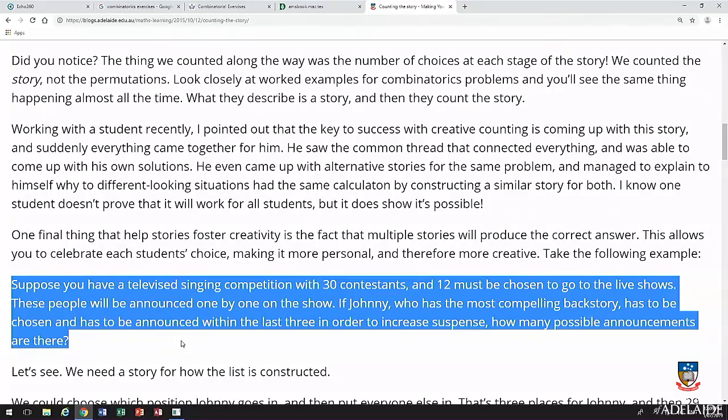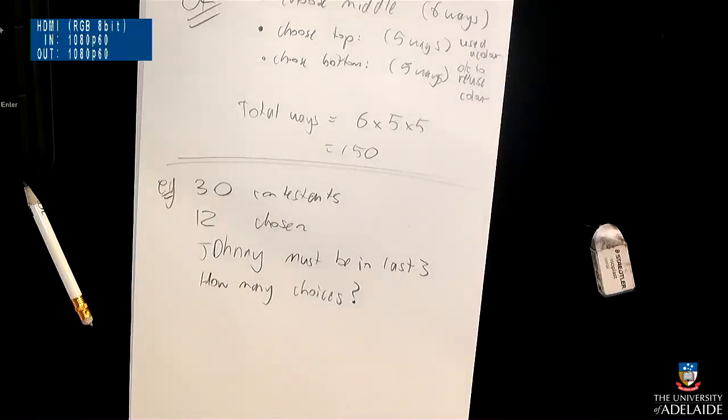And how many choices? All right, that's the essential information. 30 contestants, 12 are chosen. Johnny must be in the last 3. How many choices? Now, the fact that there is a last 3 tells me that this list is in order. Otherwise, there wouldn't be a last 3.